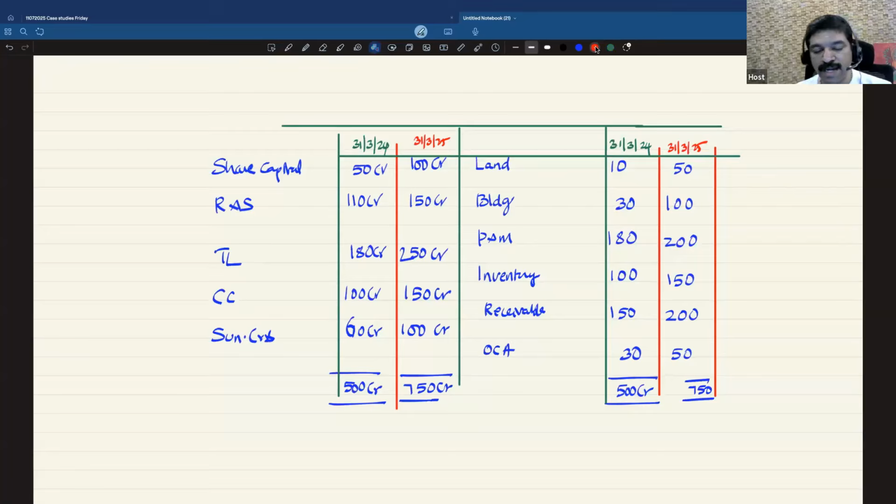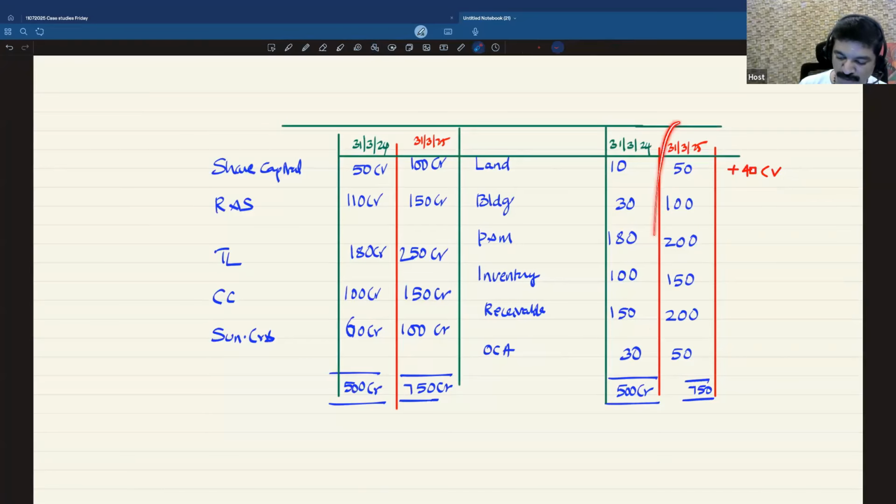What is the land they have purchased during the year? How much they have invested in land during the year? They have invested 40 crore in the land during the year. So you get to know that in this year only they have added the 40 crore.